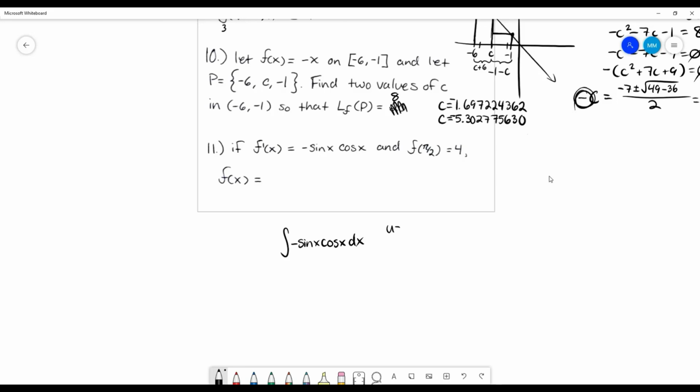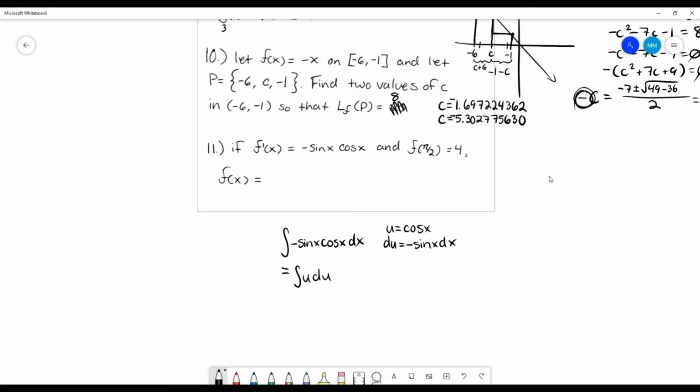So I'm going to say that u equals, well, I see that the derivative of cosine is negative sine, and that's in there. So I'm going to use cosine for my u. du equals negative sine of x dx. So now I can change this into the integral of u du, because I just substituted a u for my cosine of x and my du for these bits.